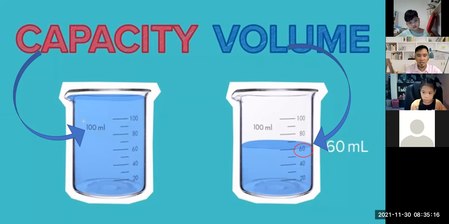Here, the capacity is 100 ml. Again, what is the volume? The volume here is 60, because the liquid is up to here. That means the volume is 60. Here, the capacity is up to 100 ml. That is capacity.